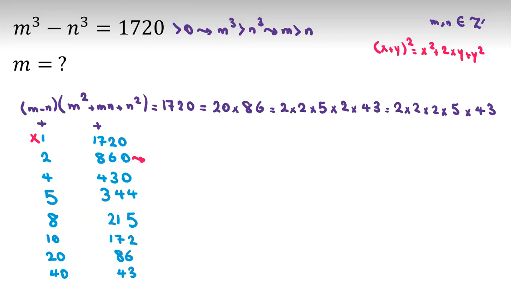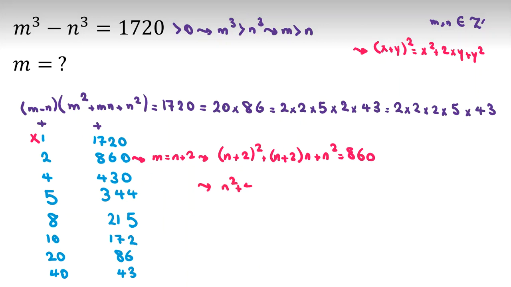Let's check the next case. m minus n is 2, so m is n plus 2. If we replace here, (n plus 2) squared plus (n plus 2) times n plus n squared equals 860. Using the identity again, we have n squared plus 4n plus 4, plus n squared plus 2n for this part, plus n squared equals 860.